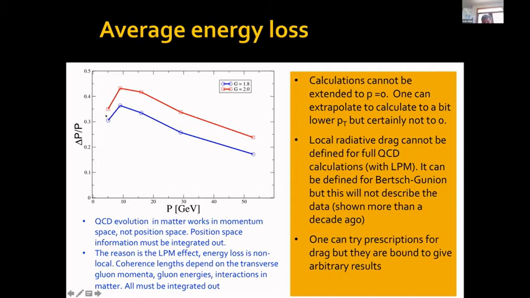And the reason is, once again, because of the LPM effect and those space time considerations. It takes a little time. It takes about a Fermi to start building the energy loss. If we make very short media, the energy loss will be 0 in those very short times.